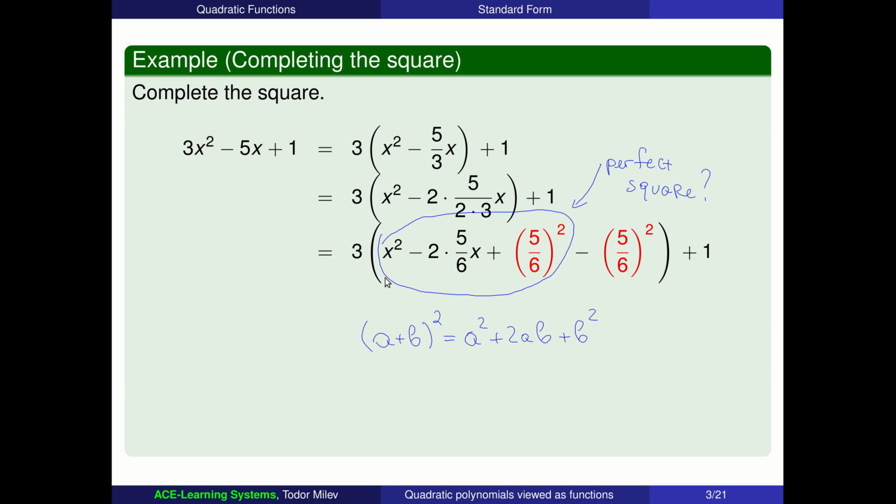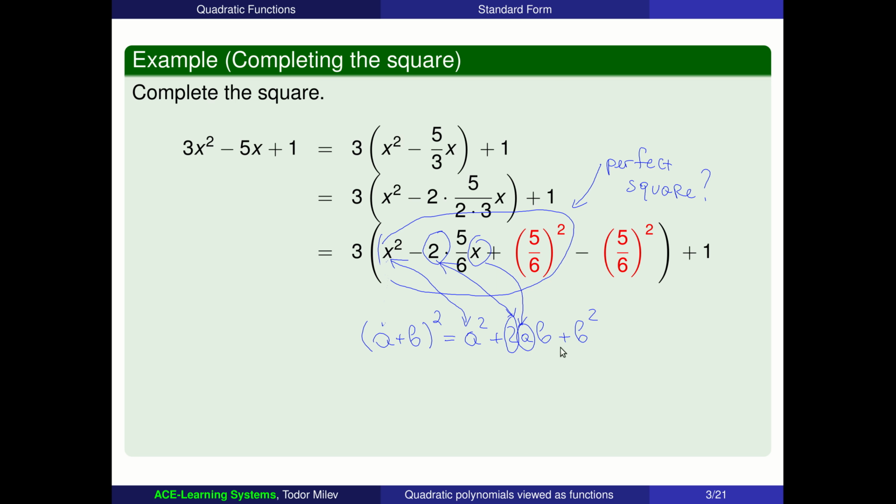So now, if instead of the letter a we had the letter x, then x squared would correspond to a squared. The 2 would correspond to the 2 here. Remember, I told you that we need to manufacture a 2 in front of the linear term. That's always so that we can make this trick work with the quadratic. And the letter x here would correspond to a.